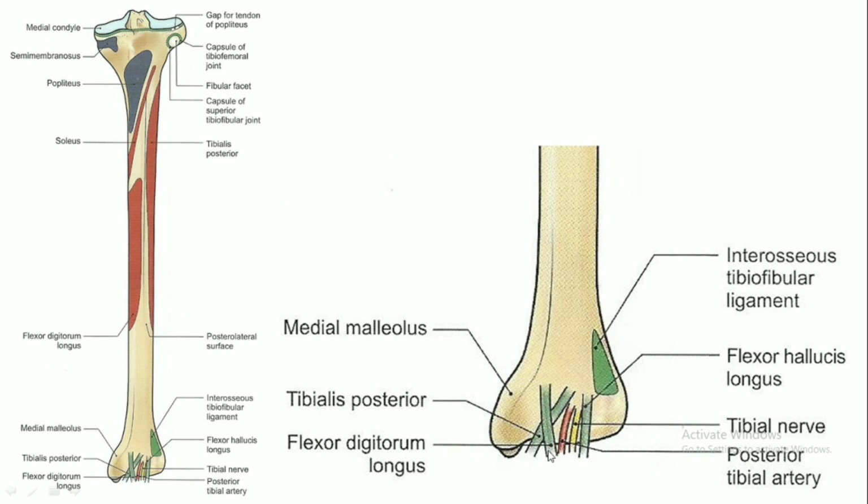Then the flexor digitorum longus, posterior tibial artery, tibial nerve, and flexor hallucis longus. These are the relations of the posterior aspect of the lower end of the tibia. So these are all the relations that you have to remember.